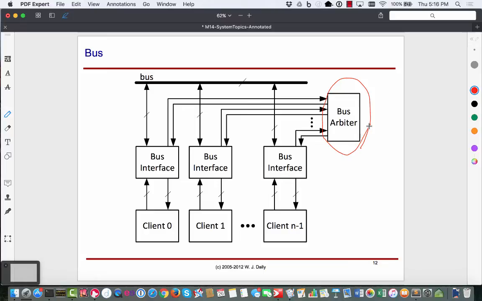Here we have exactly that situation. The bus is a shared resource. At any given point in time, only one piece of data can go over it. And I have multiple requesters, all these clients who want to exchange data. So these clients will have some sort of request lines running to the arbiter.